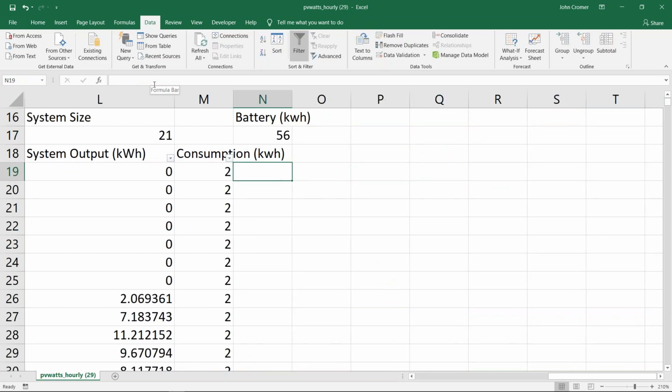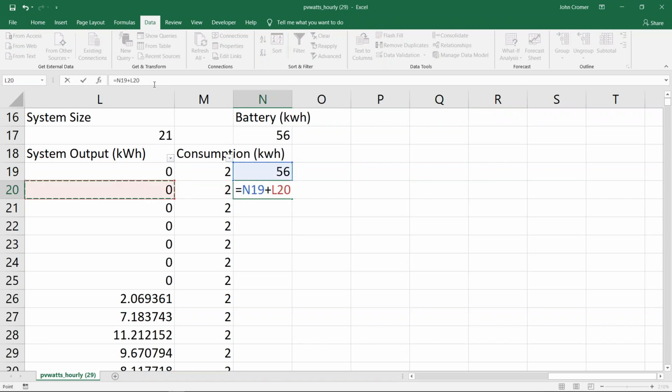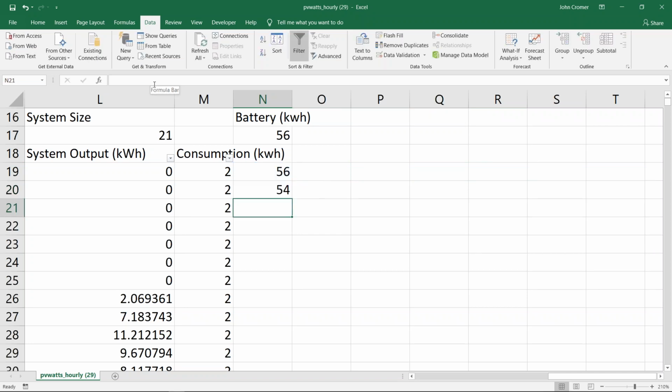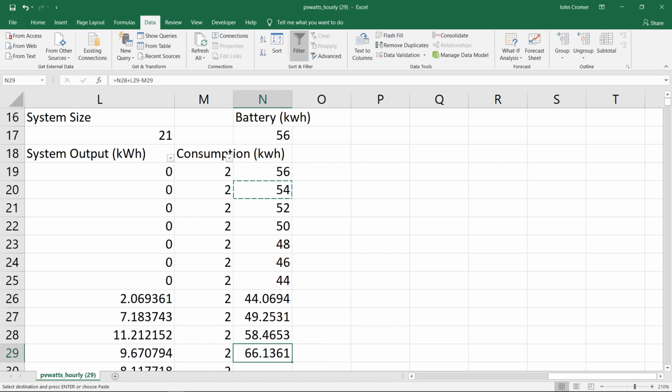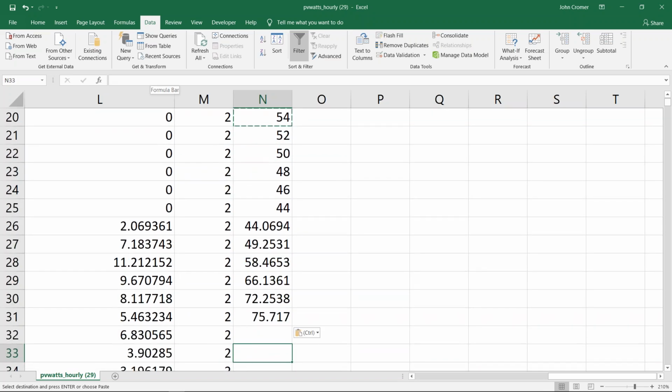We start at 56, take our battery state of charge, add our solar array, and subtract our consumption. I've drawn 2 kilowatt hours out of it, and we go down until the solar array hits, and we start going back up.